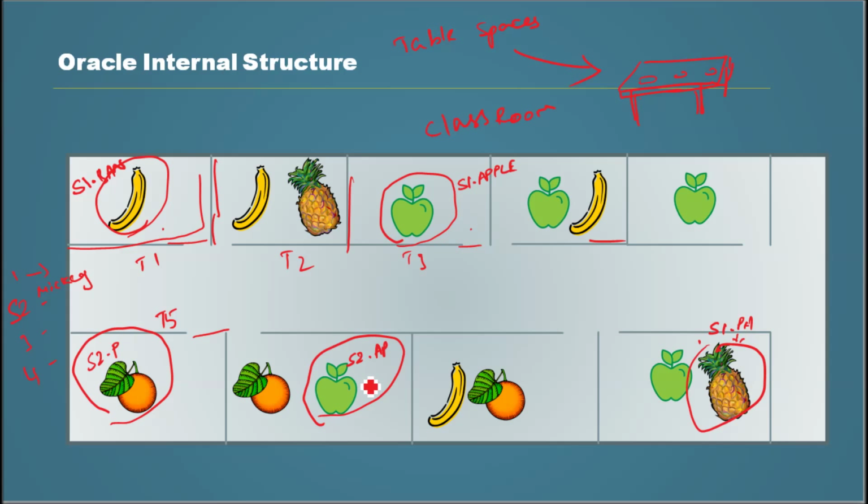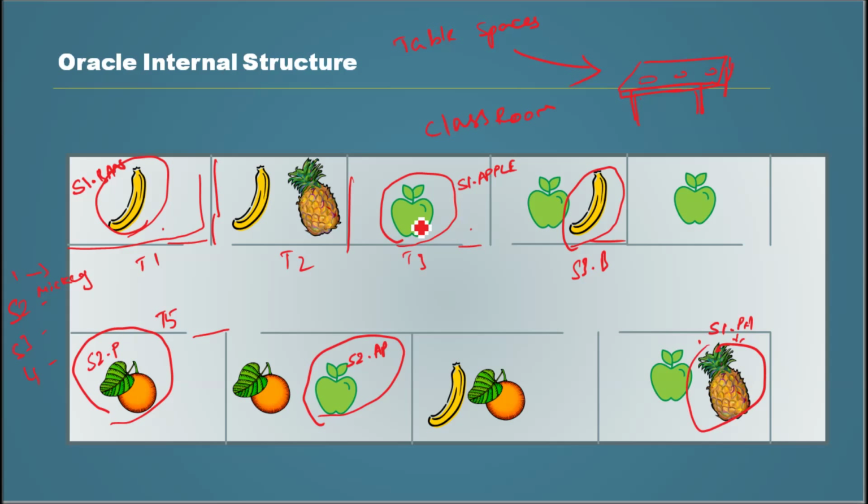We have an apple, we have an apple. Then student 3 comes, again a girl. She puts her banana here. Yes, student 3's banana.